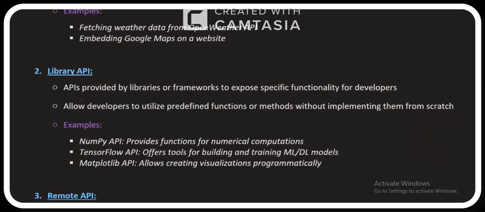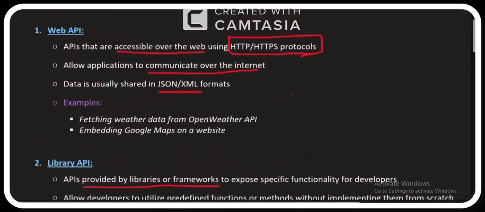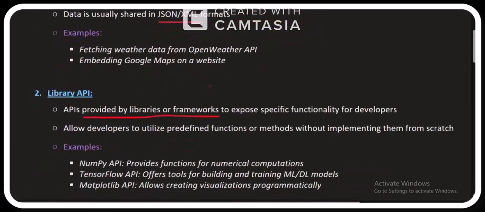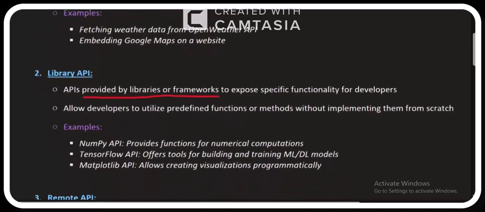These are APIs which are exposed by libraries or frameworks. ठीक है? Which expose different functionality for developers, right? So देखो, web API पे we were sharing different kinds of data. Library API में क्या हो रहा है? We are exposing different functionalities for developers.